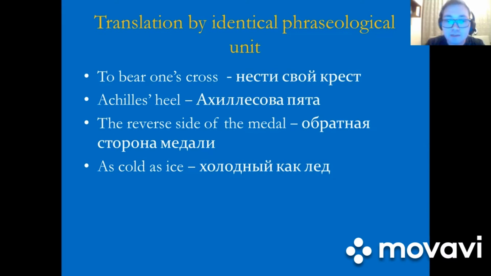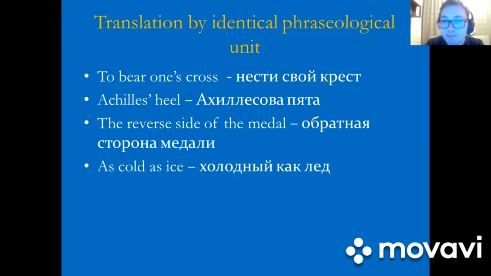Or the next one, the reverse side of the medal. And in Russian, we say обратная сторона медали. And the last one, as cold as ice. And in Russian, we also have a similar phraseological unit. We say холодный как лёд.